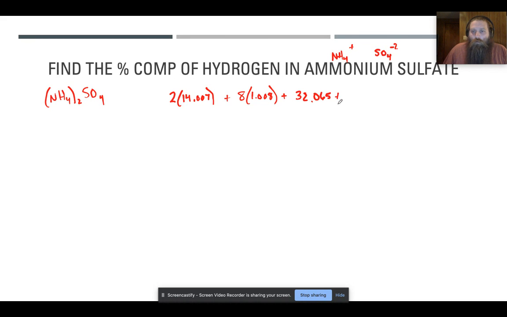Plus 4 times 15.999 for oxygen. All right, so we put that in our calculator. And we get 132.139 grams per mole for the whole thing.